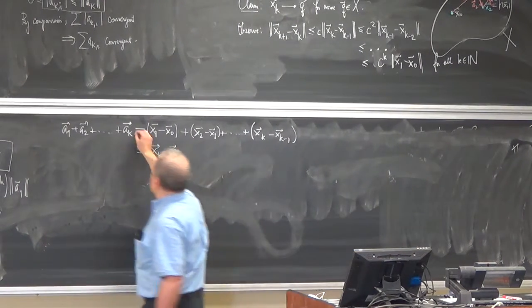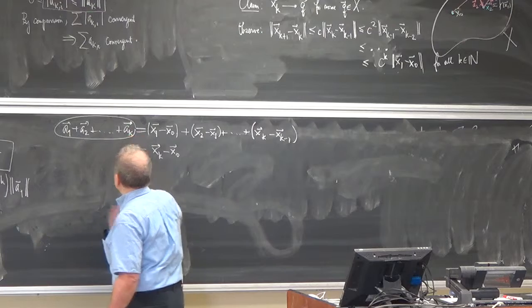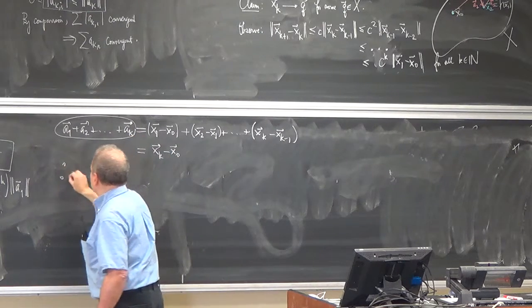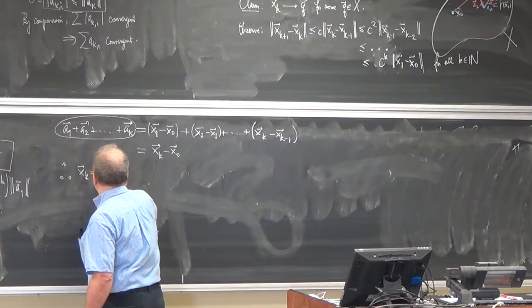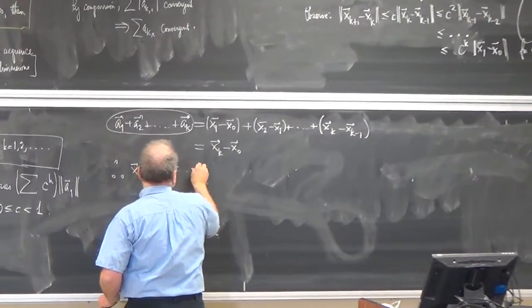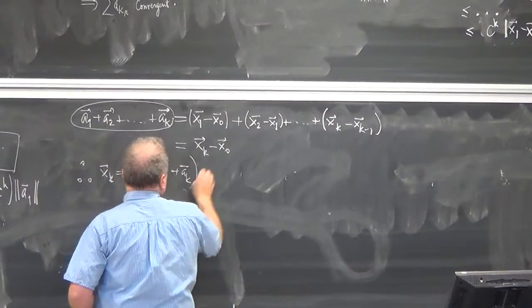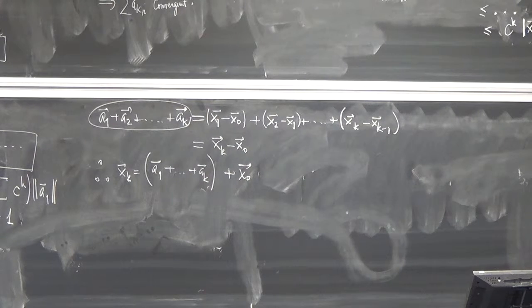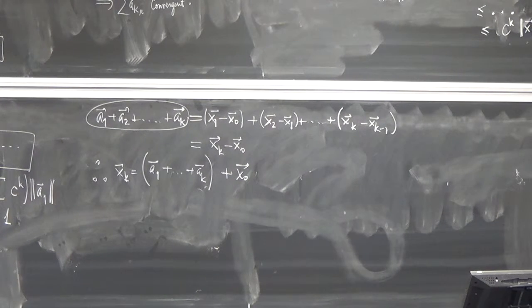So if this series is converging to some vector A, then if I add x0, I get where xk is. That's sort of obvious from the picture.